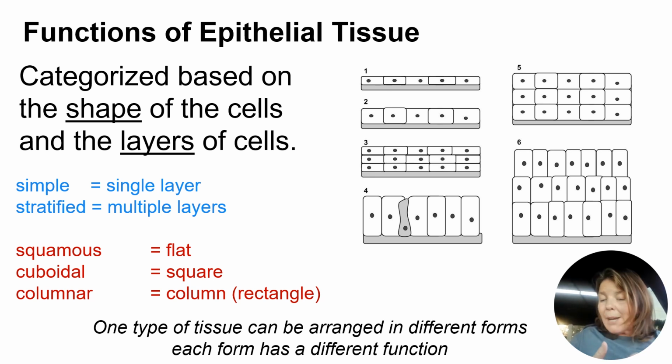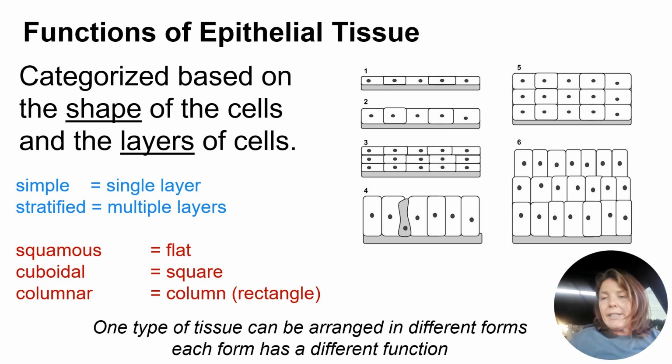So we put those two names together. In number 1, it's one line of cells, so it is simple. Because of its shape, squamous, we call number 1 simple squamous tissue. Number 5, multiple layers made up of square-shaped cells. We refer to that as stratified cuboidal epithelial tissue.